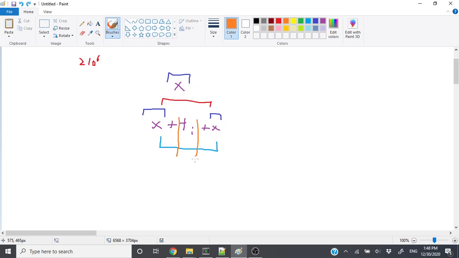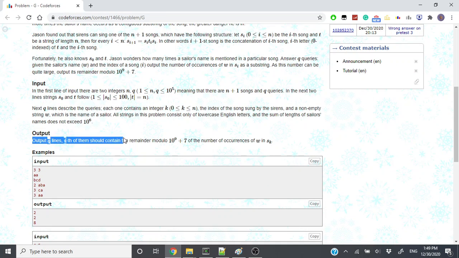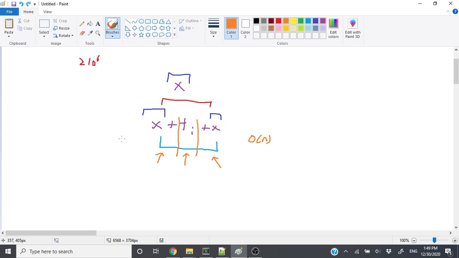It's only going to match if the prefix matches, the suffix matches, and the character matches. There aren't that many things to check. There are only O of n prefix and suffix pairs, because it's just whichever character we decide is ti, and they're at most the length of the string, which is 10 to the 6 characters. That's the idea of it.